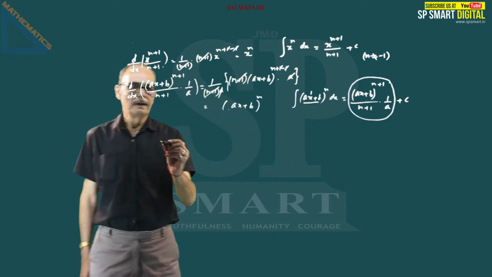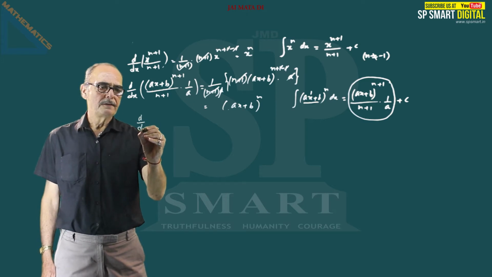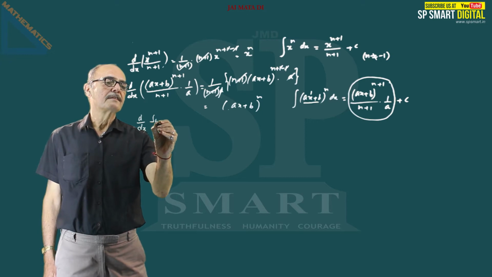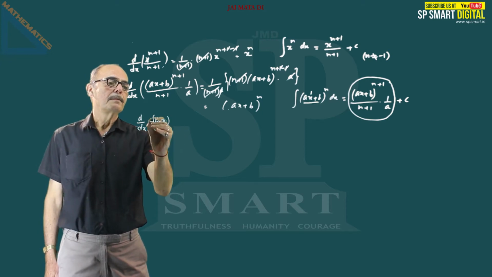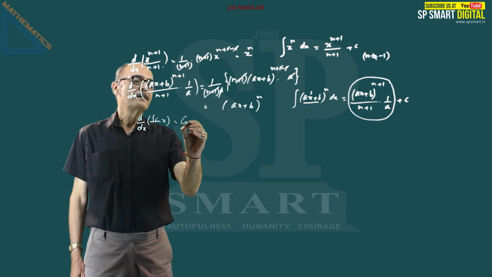Then we have d upon dx of sine of x. It's a very popular formula, derivatives. Derivative of sine x is cos of x.